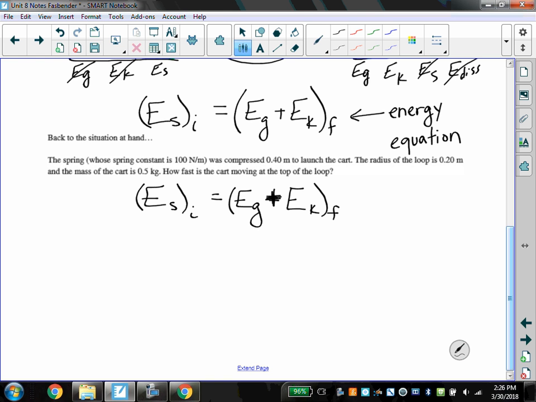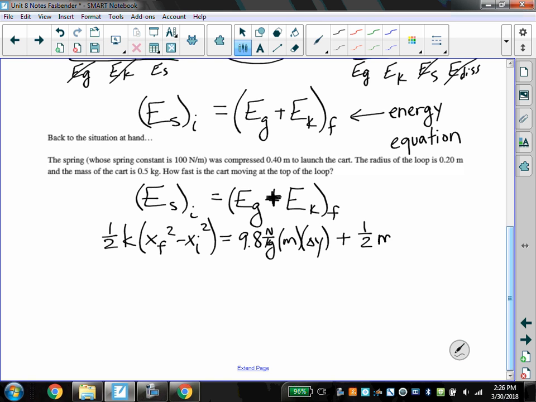Now the equation for spring energy is 1/2 k (xf squared minus xi squared). The equation for gravitational energy is 9.8 newtons per kilogram times mass times delta y. And the equation for kinetic energy is 1/2 mv squared.